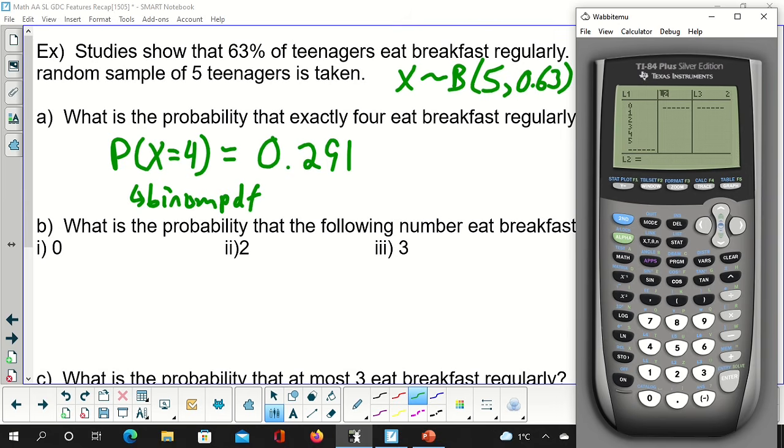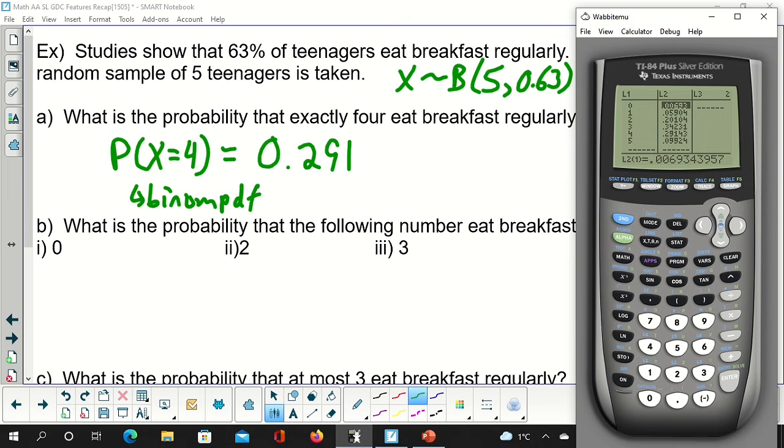Next, I can go to the L2 heading, and I press second vars, and I'm going to choose Binomial PDF, and I'm going to tell it that there are 5 trials and that the p is 0.63. This time I'm going to leave the x value blank. If you do this, it will generate the entire distribution for you. So I hit enter and enter again.